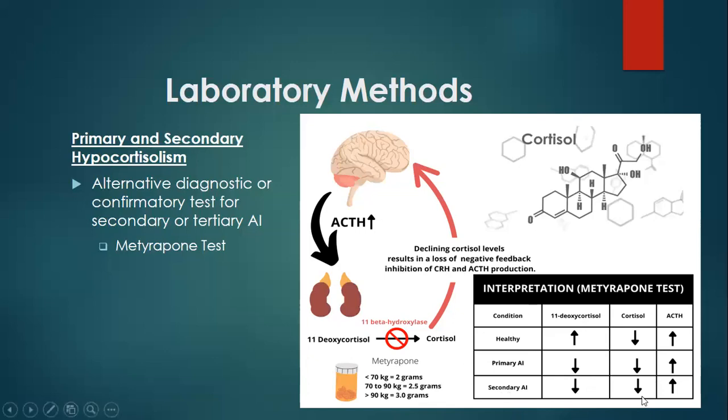So to note, your metyrapone test will not actually differentiate your primary and your secondary AI. What would differentiate it is the cosyntropin test. So your metyrapone test is just diagnostic, not confirmatory, that you have primary or secondary AI. And then this is followed by the cosyntropin or ACTH stimulation test.